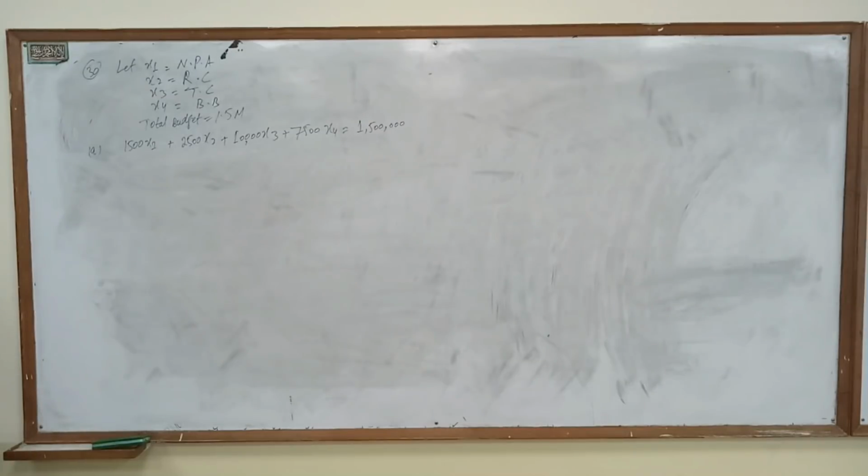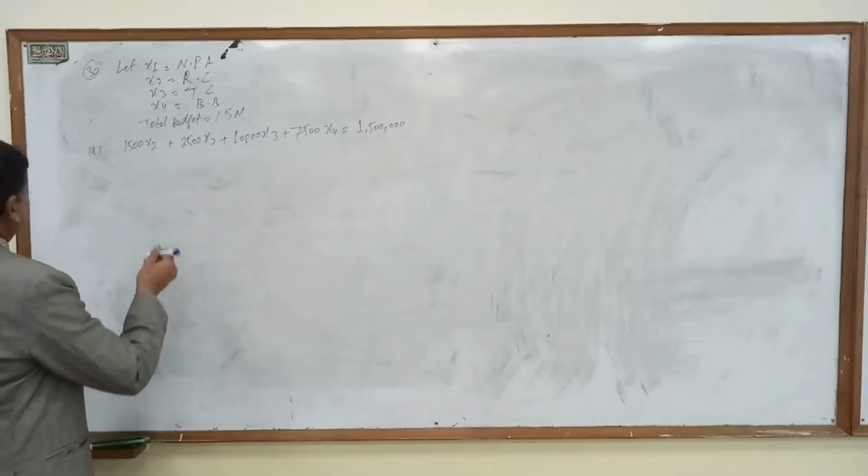What is part B? If it has been determined that 100 newspaper ads, 300 radio ads and 50 billboards will be used, how many television ads can they purchase? Here we have the values of three of these sources.